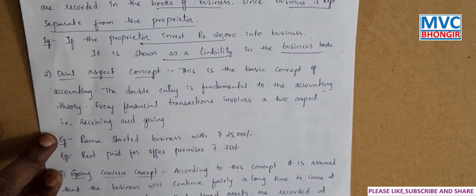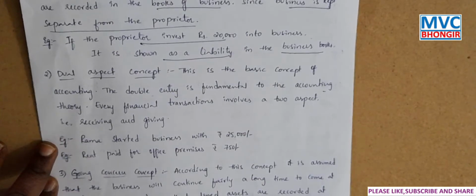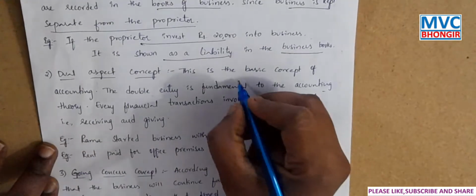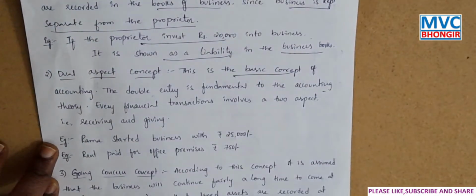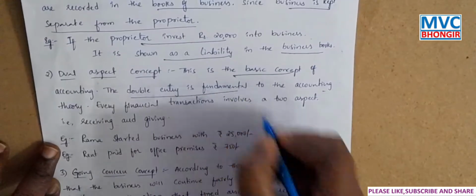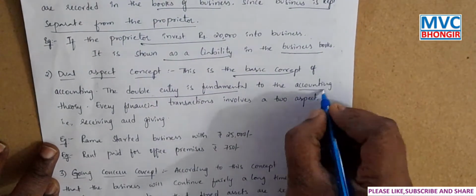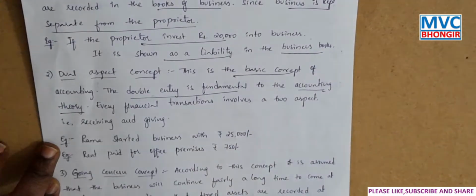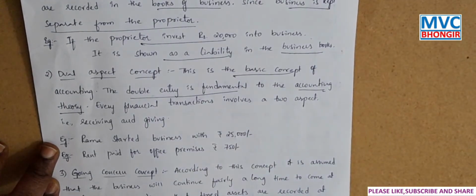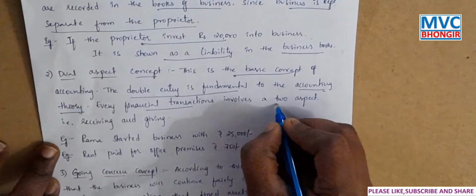Next, the second one is the dual aspect concept. This is a basic concept of accounting. Double entry is fundamental to accounting theory. Every financial transaction involves two aspects.